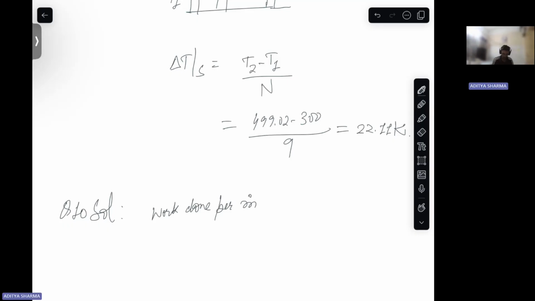For this, if we don't want to consider the mass flow rate, in that case we can write it this way.